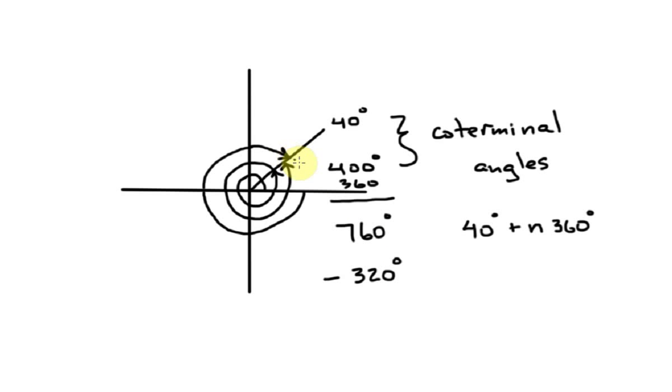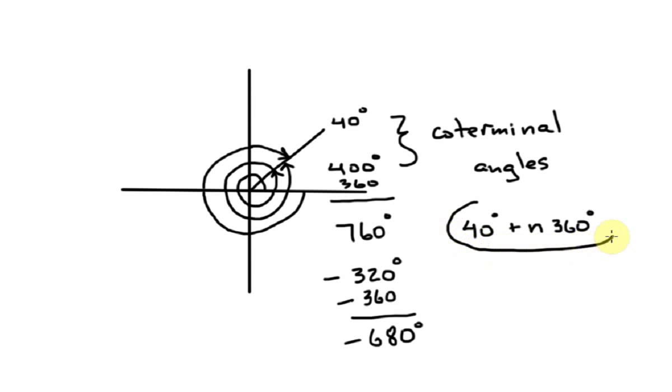And then I could do another negative loop-de-loop. If I threw another negative 360 at it, that would also be coterminal. So what's that? Negative 680. So these are all coterminal angles. And of course, this little expression will actually generate them all, as long as n here is some kind of integer. Then that'll generate all of your coterminal angles.